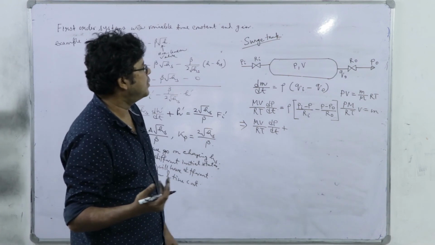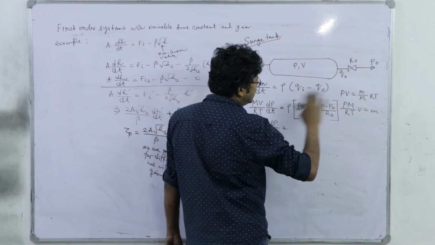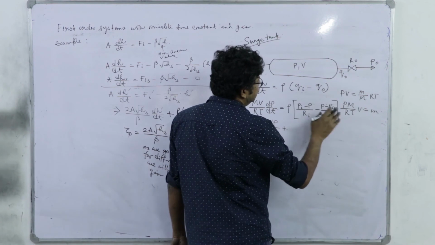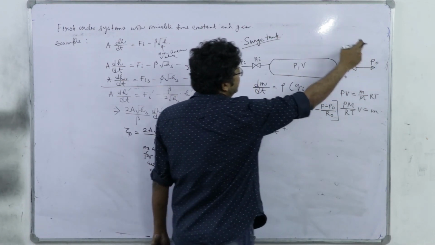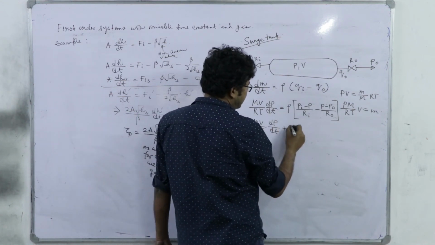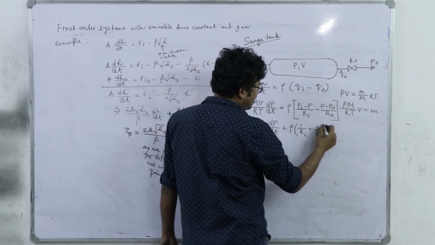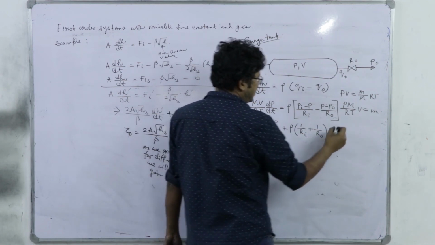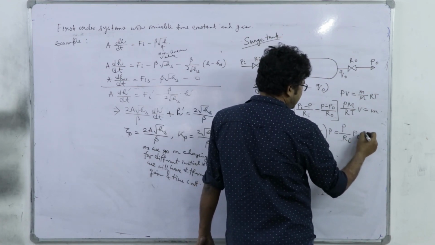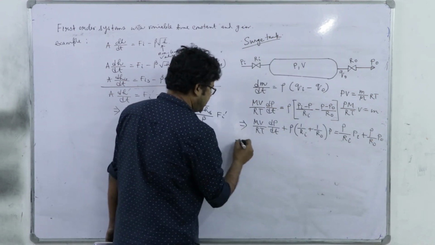Pi is an input, Po is an input, and P is the output of that system. We are not going into which one is the disturbance and which one is the manipulated variable. Let's say Po is the manipulated variable, Pi is definitely the disturbance. So it is rho within brackets (1 by Ri plus 1 by Ro) into P, and here rho by Ri into Pi plus rho by Ro into Po, right.